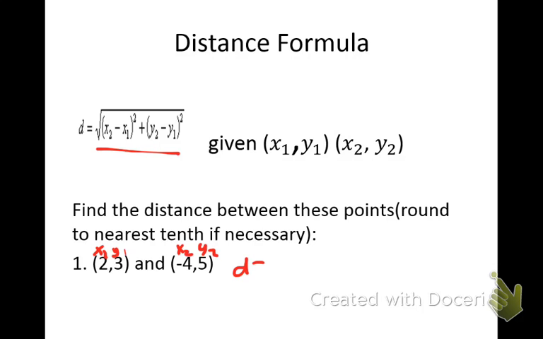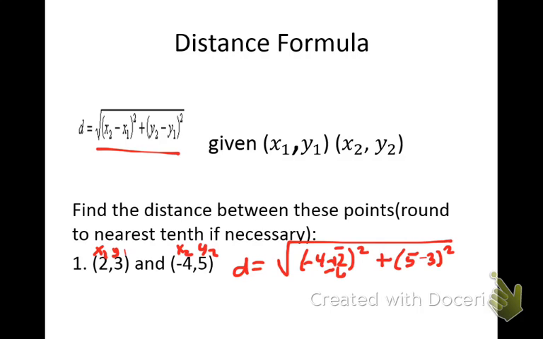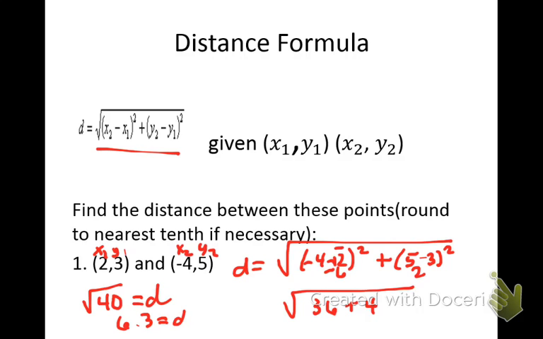So d is equal to the square root of -4 minus 2, squared, plus the distance between the other two, 5 minus 3, the y-coordinates, squared. So make sure you know your integers, add the opposites. This is -6 squared, so the square root of 36, plus 2 squared, 4. 36 plus 4 is 40. So the square root of 40 equals d, and the square root of 40 is 6.3.